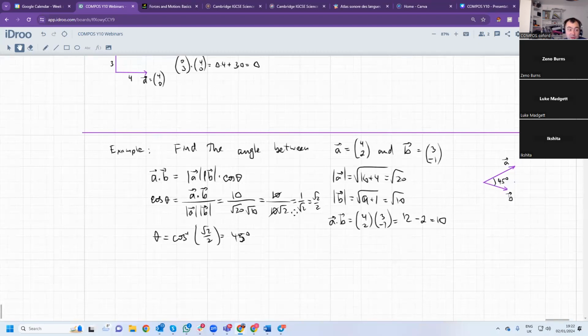So you kind of need both formulas. You use both of them, right? You're very rarely asked to find just the scalar product itself. It doesn't always have a meaning. An example where the scalar product is used is finding work.